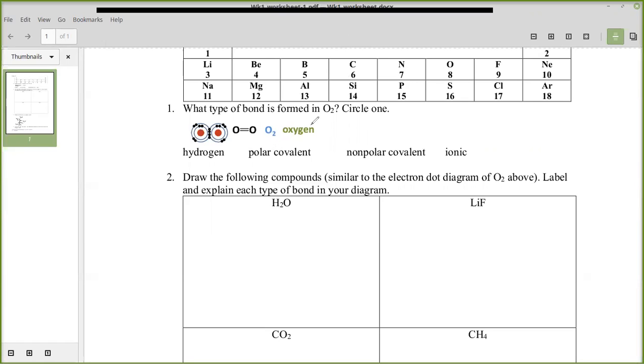What type of bond is formed in O2? You have 4 choices. Which choice should I pick? This one, this one, this one, or this one? Any clues? Non-polar covalent. Okay. Why is it non-polar covalent?